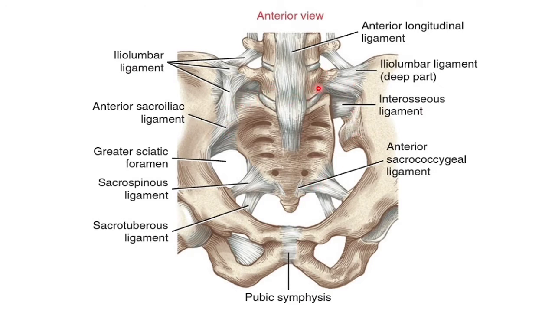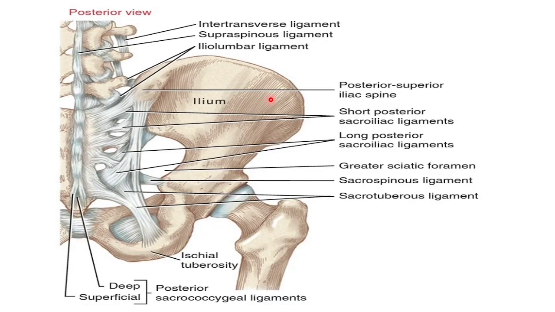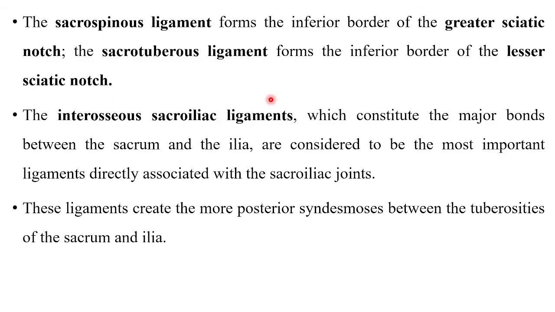So mainly dysfunction or excessive motion will be prevented by these ligaments, that is the sacroiliac, sacrospinous, sacrotuberous, and iliolumbar ligaments. The sacrospinous ligament forms the inferior border of the greater sciatic notch. The sacrotuberous ligament forms the inferior border of the lesser sciatic notch.